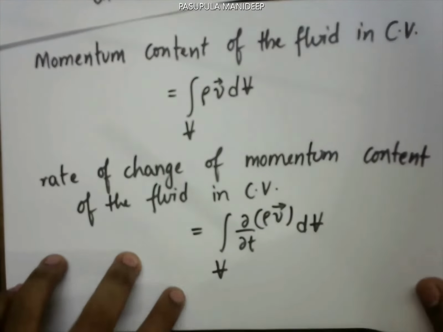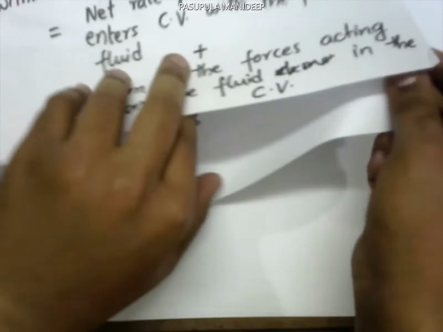The first thing we need to derive is the net rate at which the momentum enters, the rate of influx of momentum.